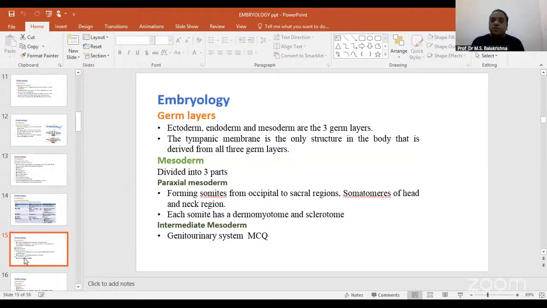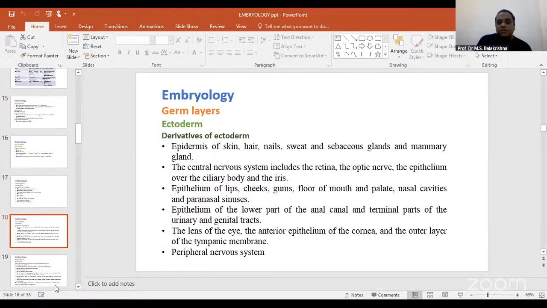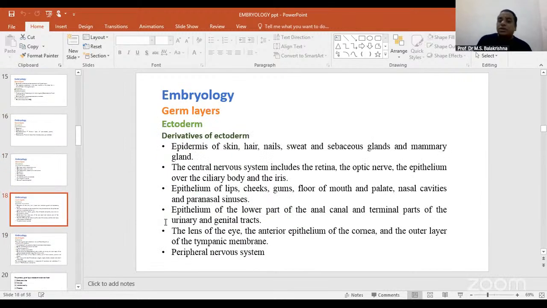So you should know the germ layers: ectoderm, endoderm, mesoderm. The derivatives of all three layers are extremely important. So let us go directly to the derivatives. The derivatives of ectoderm are your skin, hair, nails, sweat and sebaceous glands, and mammary glands.